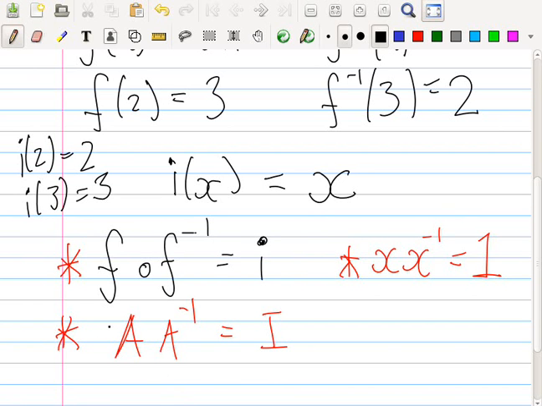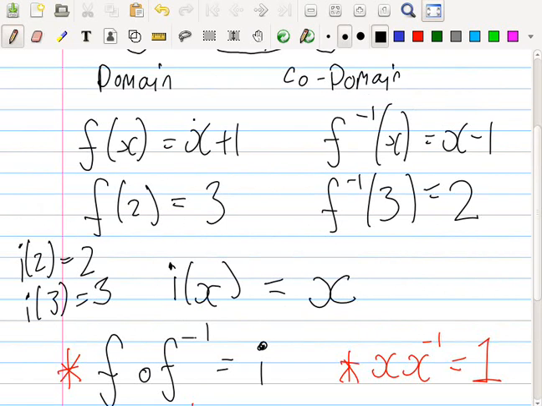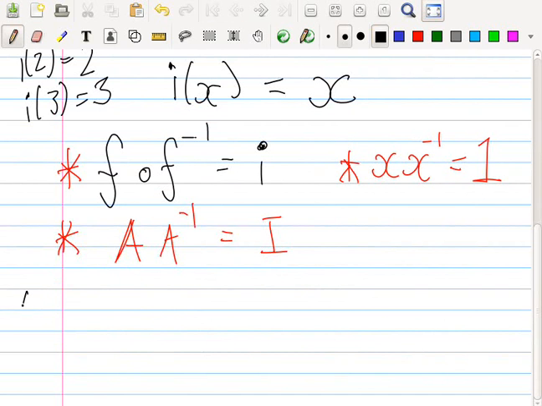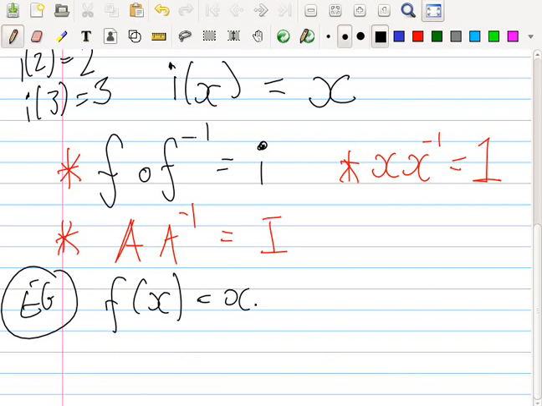So I'll give you an example with this definition. I will use this definition to show what we already know, that this is an inverse of that. So we'll have a look now. Example: f(x) equals x plus 1, and f inverse of x equals x minus 1.